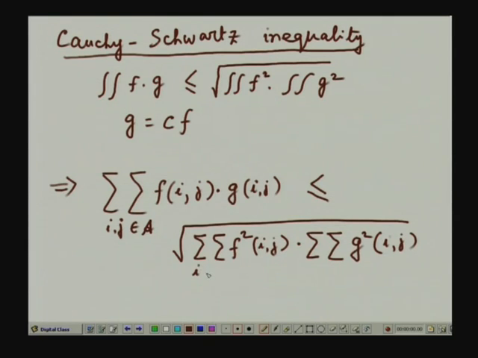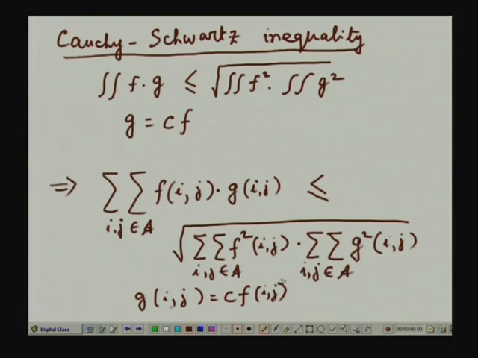For i and j belonging to the region A, here also for i and j belonging to the region A. And this left hand side and the right hand side will be equal only when G i j is equal to some constant into f i j, and this has to be true for all values of i j within the given region.